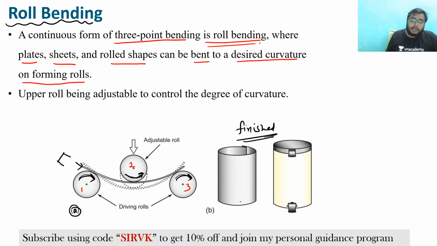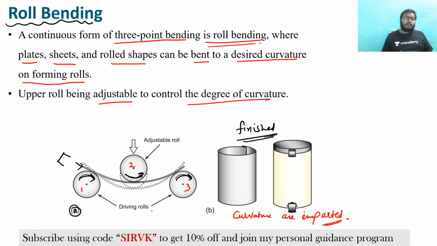So what we are doing is giving the curvature. So curvature is imparted. What is this? Upper roll being adjustable to control the degree of curvature. Very good. So that is we know that. So based upon this adjustable roll, my curvature is going to increase.